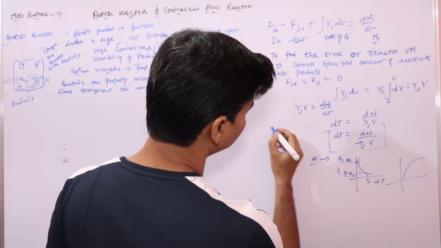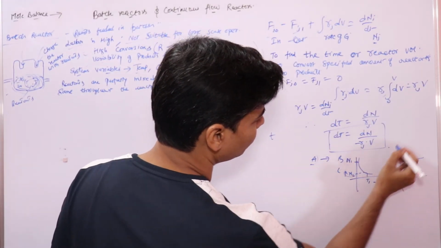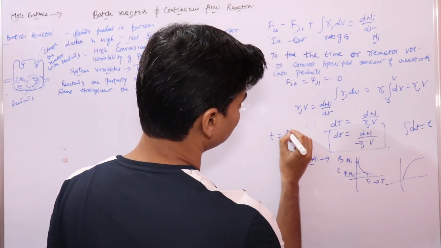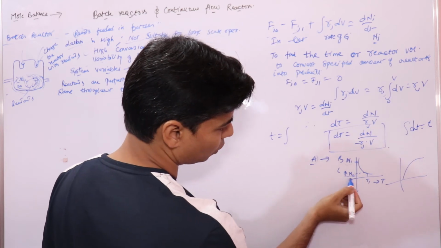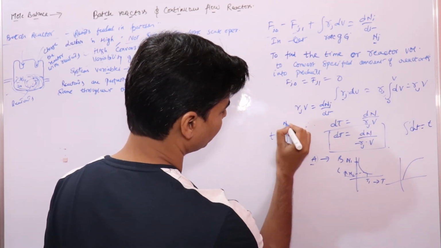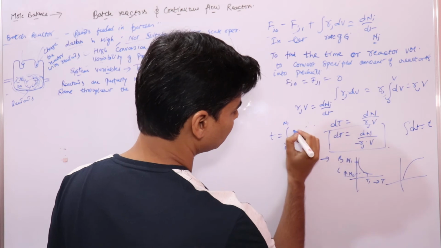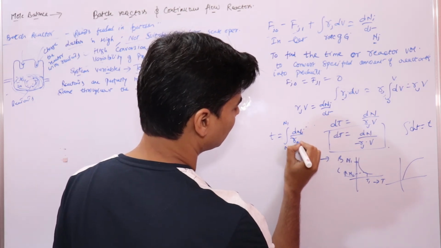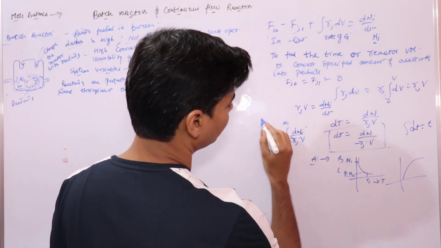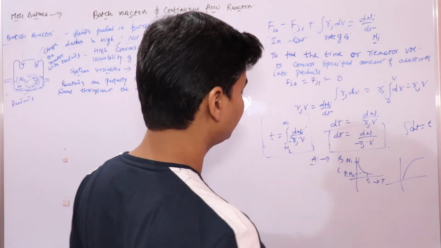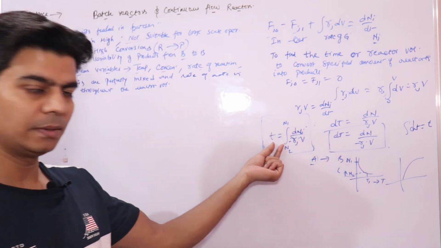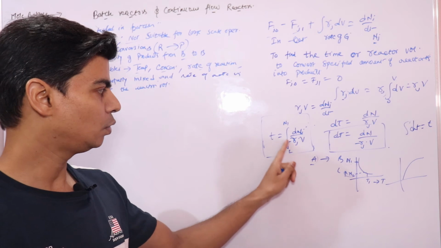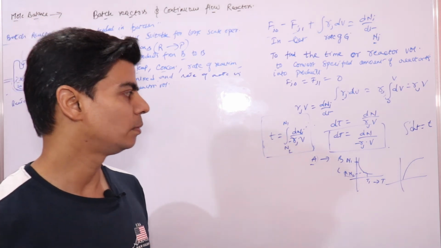You know this from mathematics: if you integrate dt, you get t equals the integration from the lower limit N2 to the upper limit N1 of dN upon Rj V. This is the expression that tells you the time required for the concentration of reactants to fall from N1 to N2. This is your mole balance equation.